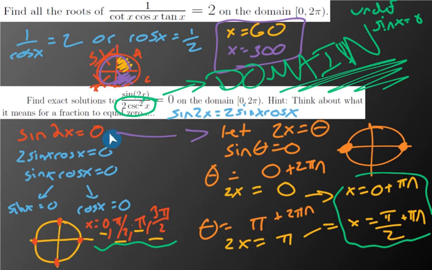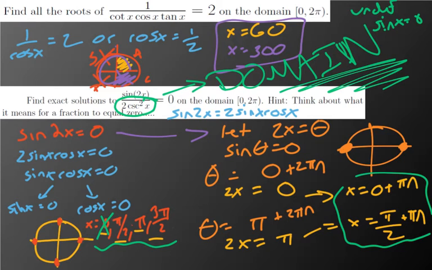So anytime you have rational functions in math, you have to think about domain. You have to think about, am I going to divide by 0? So you take your answers, whether you write them like this or like this, and you need to think about where they're undefined. So sine of 0 is 0, so we have to throw that out.